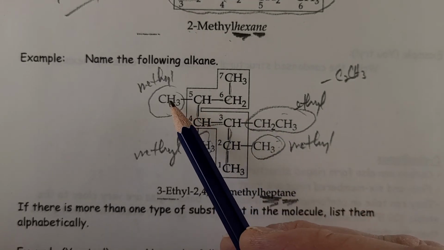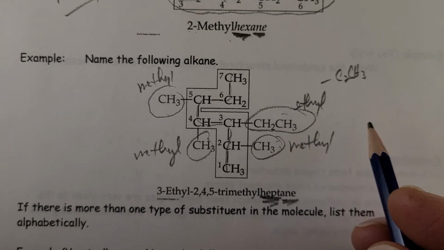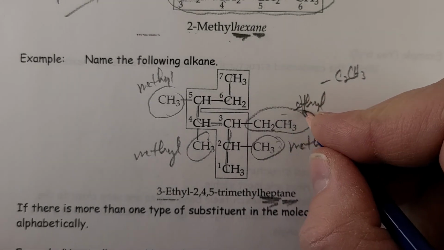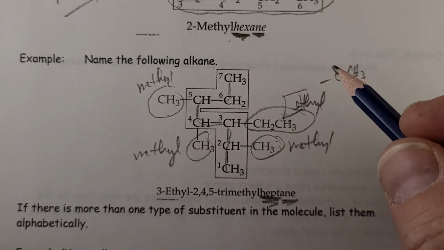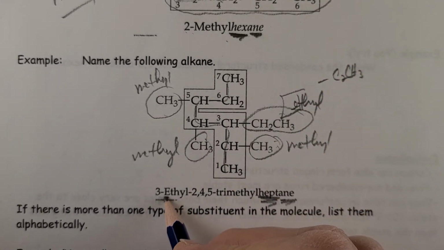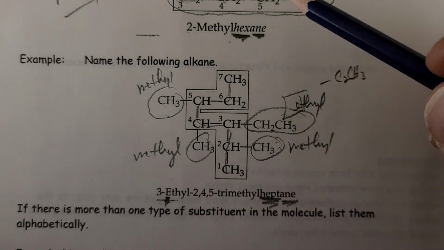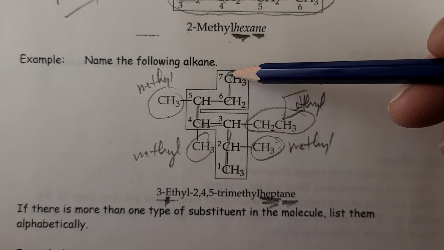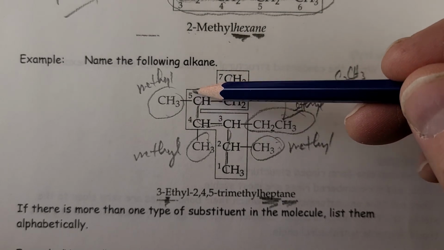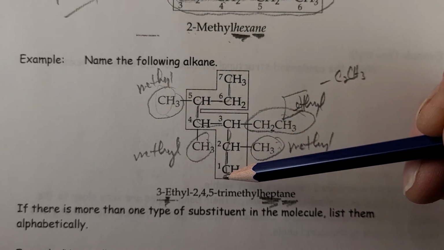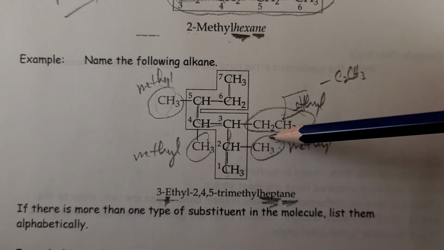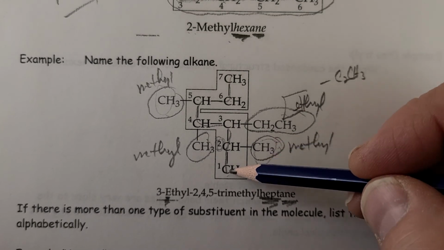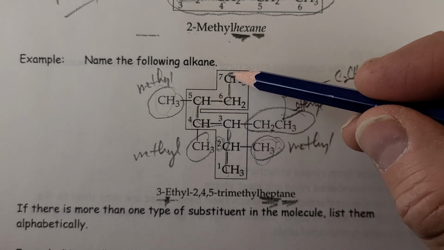And then I have, let's see, 1, 2, 3 methyls and 1 ethyl. But remember, we label in alphabetical order. So E comes before M. So I talk about ethyl first. Now, look at how I numbered this. I could have numbered it 1, 2, 3, there's my first group. Or 1, 2, and there's my first group. So obviously I want to get to my attached group the quickest, so I number it this way.